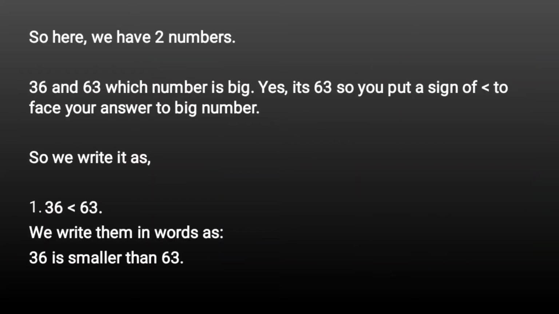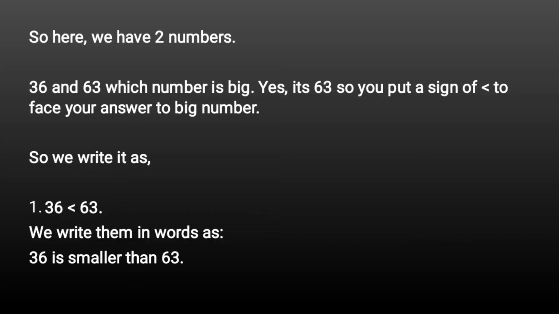So here we have two numbers, 36 and 63. Can you identify which number is big? Yes, it's 63. So you put the sign with the two openings facing the bigger number and the one tip pointed towards the smaller number.